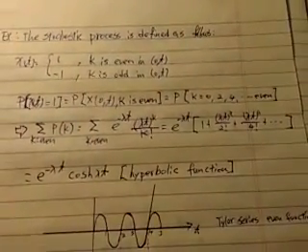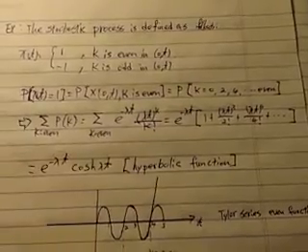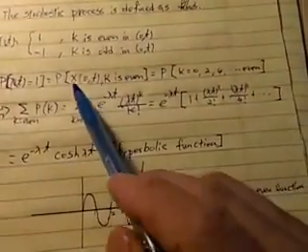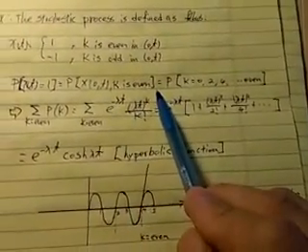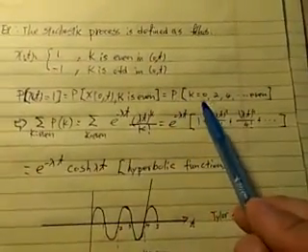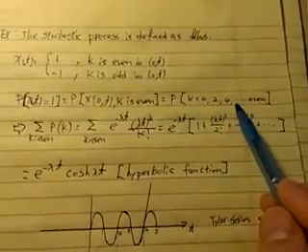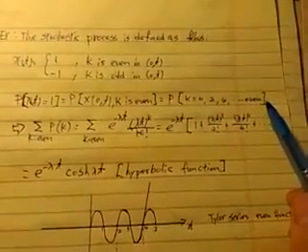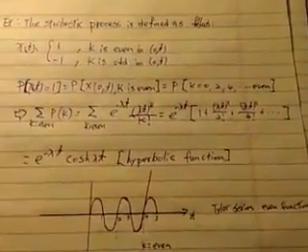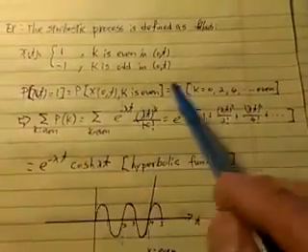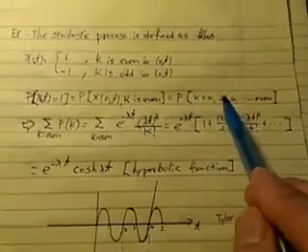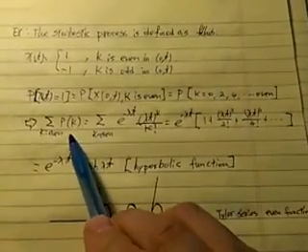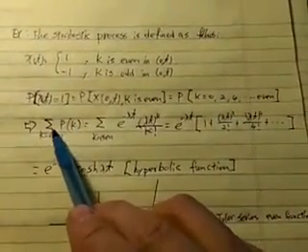Probability of x of t equal to 1 in the t domain 0 to t: k is even, so k even means k is 2, 4, 6, 8, 10, and so on. And then we sum up all the probability results, and then it will become this one.